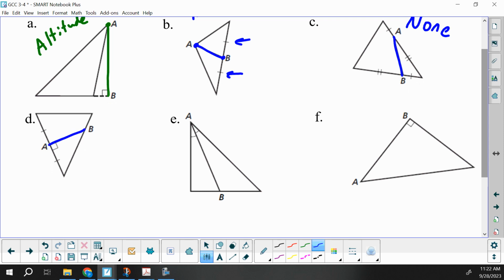Here's AB. Notice AB again is not at a vertex at all. So the only one it could potentially be is a perpendicular bisector. Well, notice point A is the midpoint based off of those congruent segment markings. And at the midpoint, there's a right angle. So this would be our perpendicular bisector.